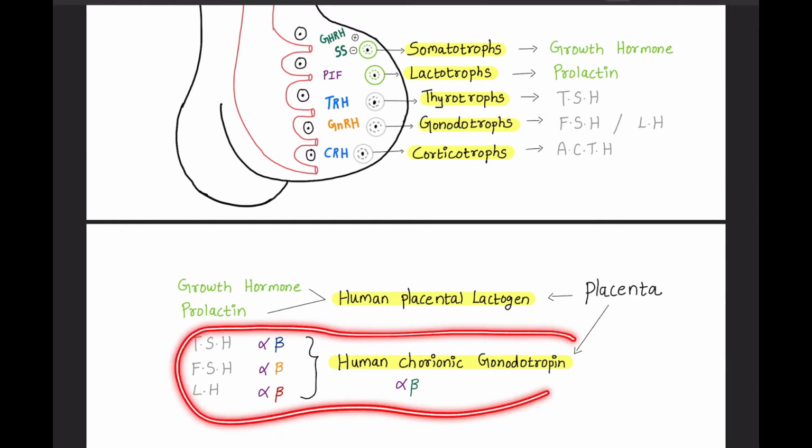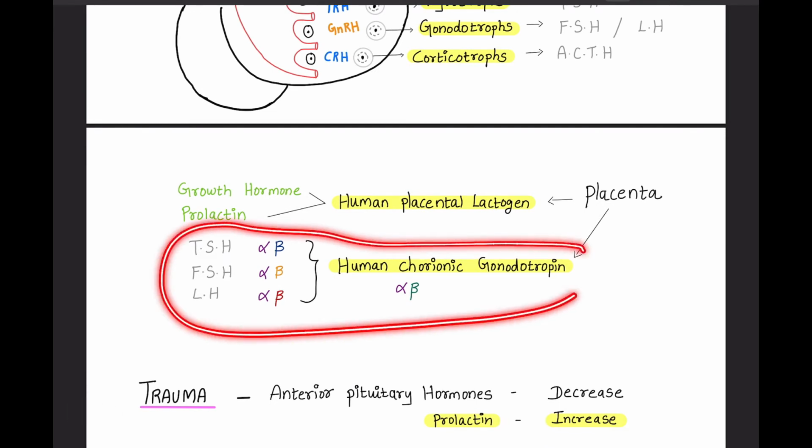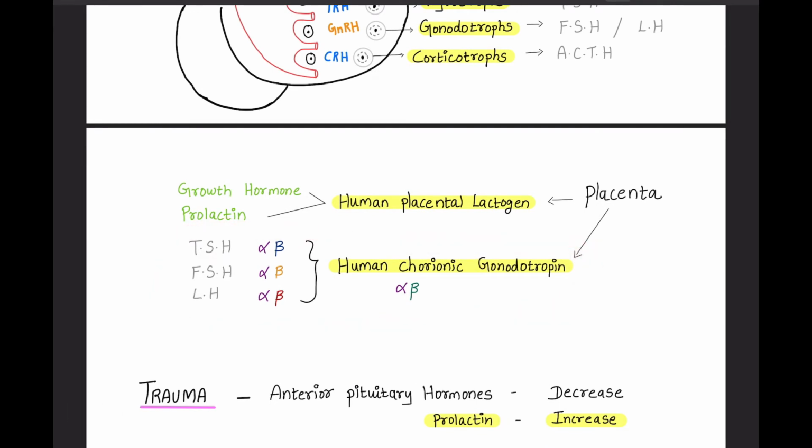In this family, the alpha structures are in common, but the beta structures are different. Because of this different beta structure, you can distinguish between TSH, FSH, LH and human chorionic gonadotropin, that is HCG.